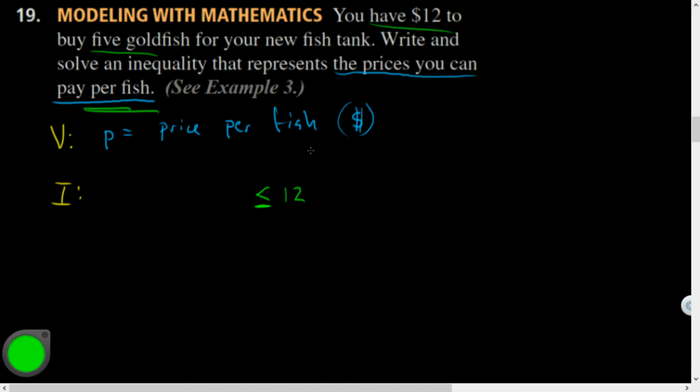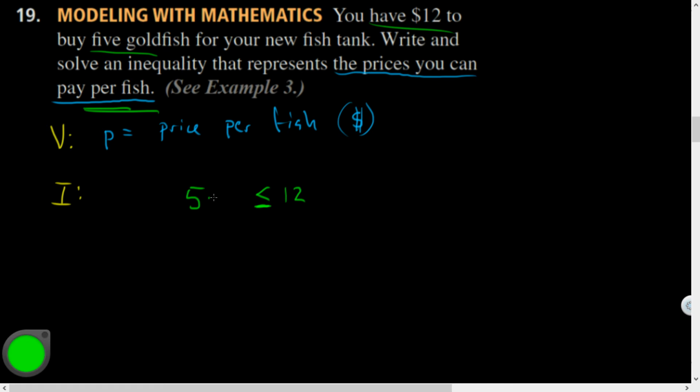I want to buy 5 goldfish, and whatever price they are, say $2 a fish, I would take 5 and multiply by 2, and get $10 that I'd spend total. If it was $1 per fish, I'd do 5 times 1, I'd get $5.